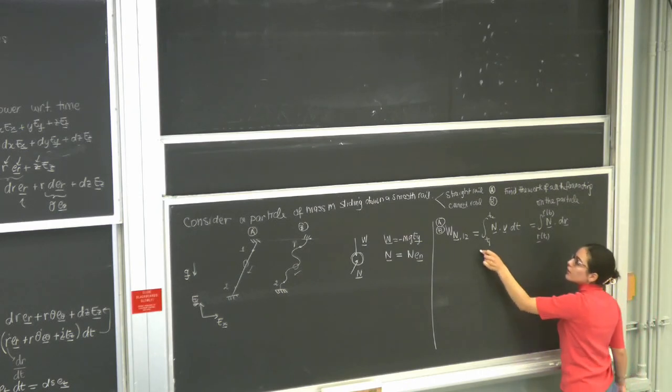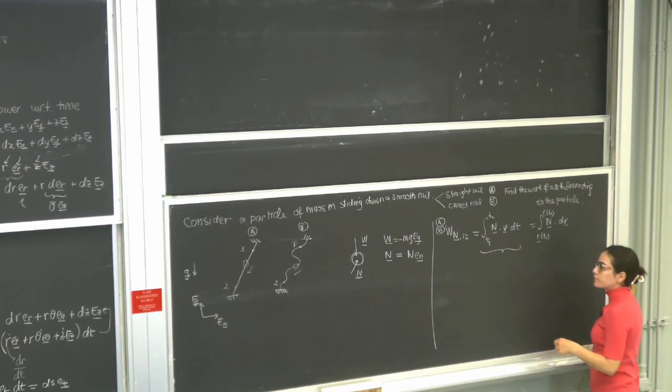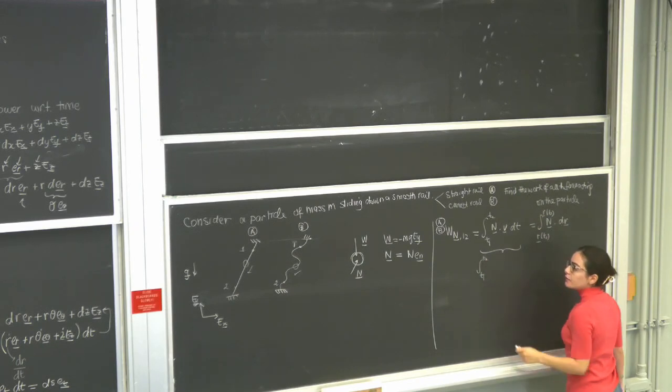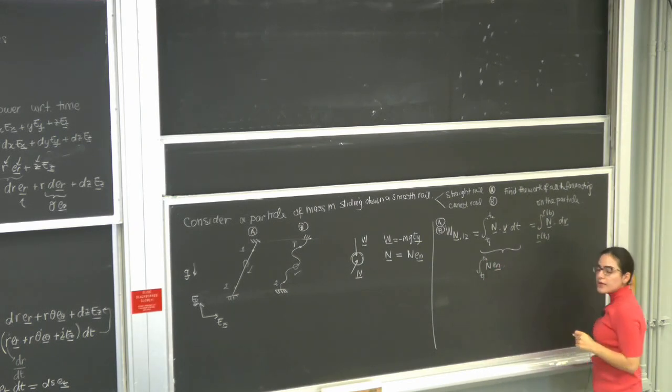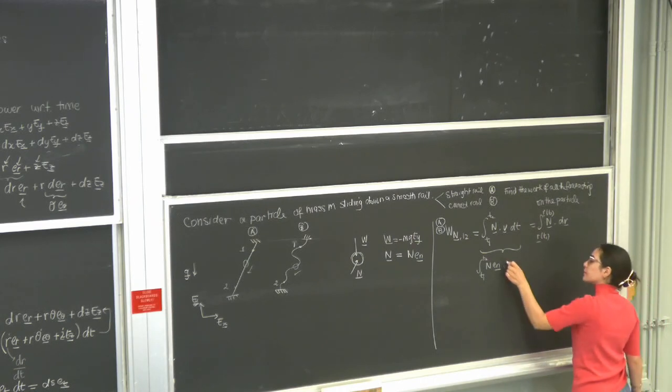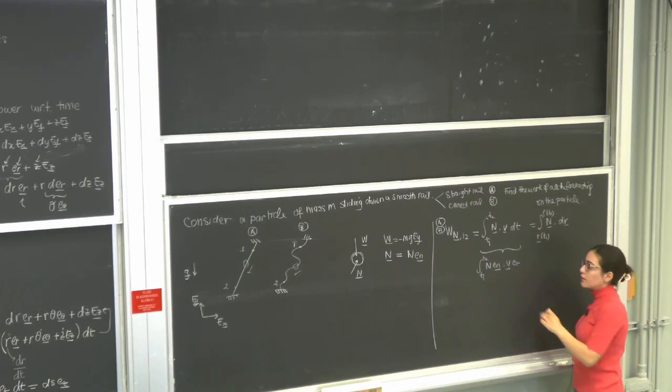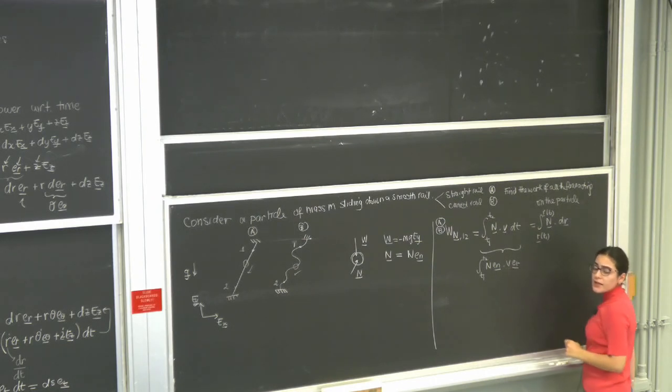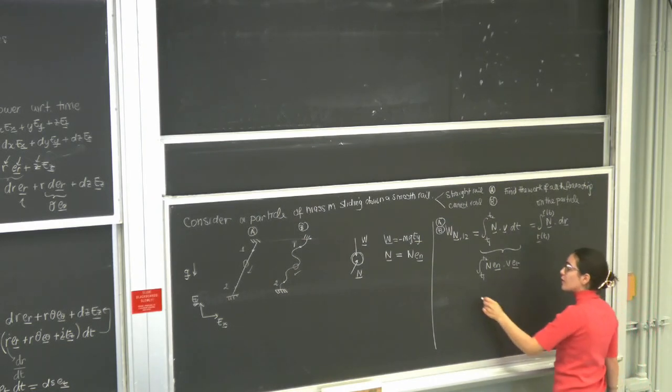Let me look at this integral and see if I can get anywhere. The integral from t1 to t2 of N, which is N along en. How can I express the velocity of the particle going down this rail? Is it more easily expressed in Cartesians or in some other basis? Wouldn't it be Serret-Frenet, and what would be the velocity of the particle? v et. Great. Do we all agree? Right. And what is en dot et? 0. So that's just 0.